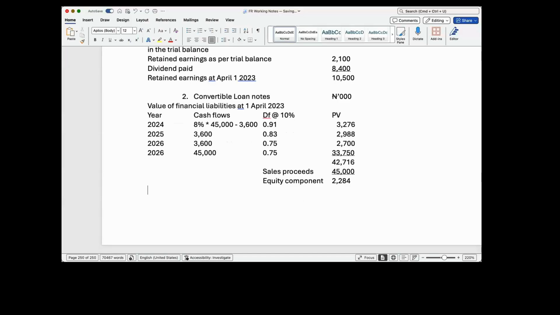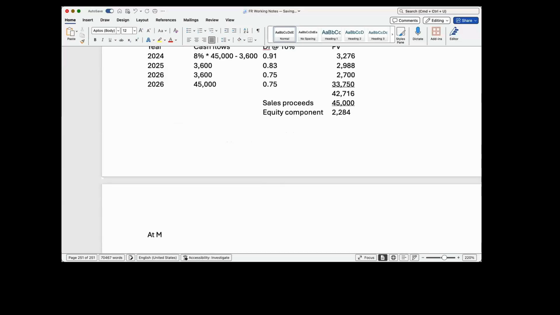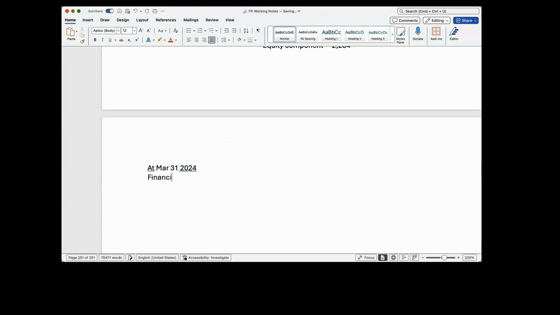So that's at the beginning of the year. So at the end of the year, March 2024, my financial liability value is found using an amortization schedule.